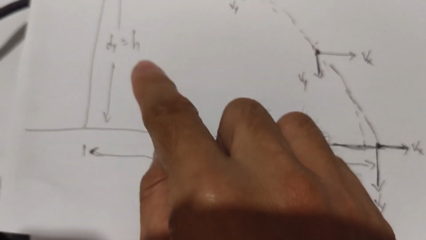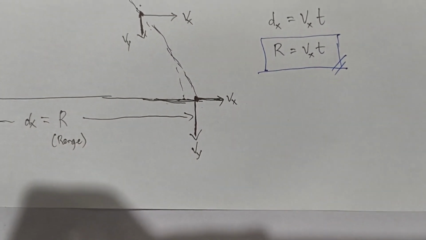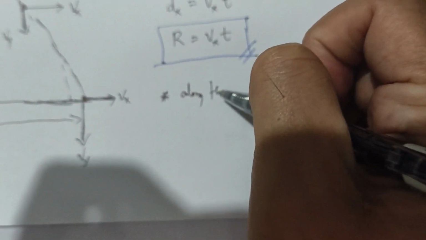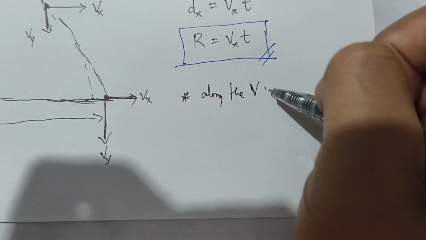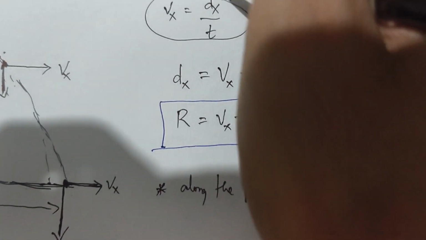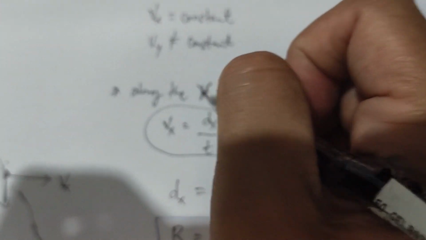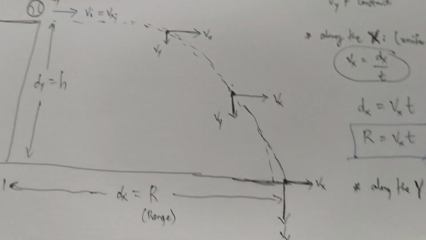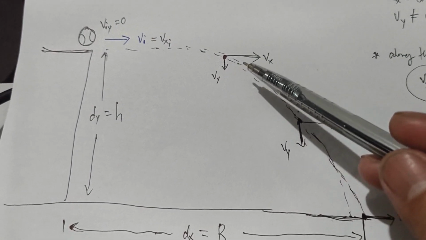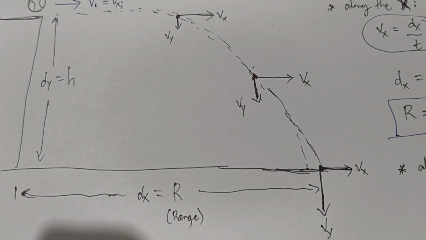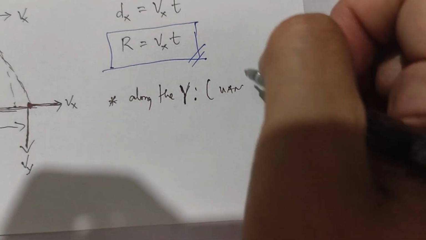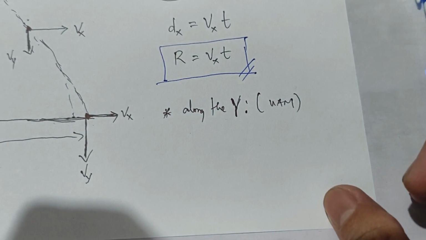How about the vertical distance? We can use, along the vertical, or say for example along y, ito ay along x component or horizontal. Along y, there is a constant what? Constant acceleration. So UAM ang meron sa y component.